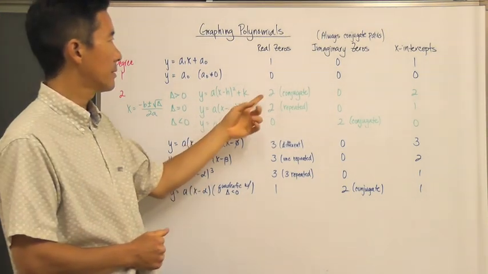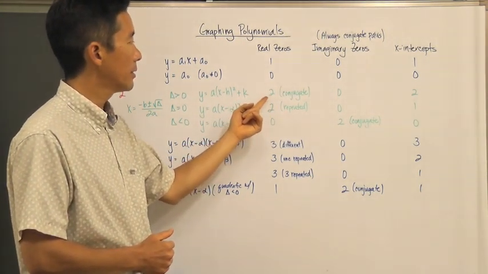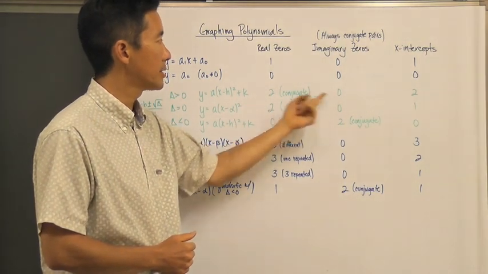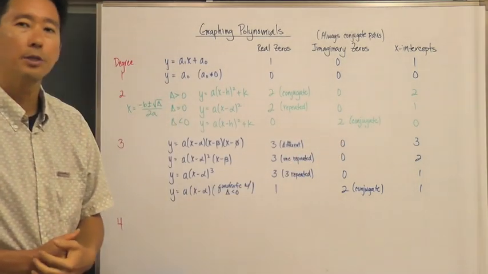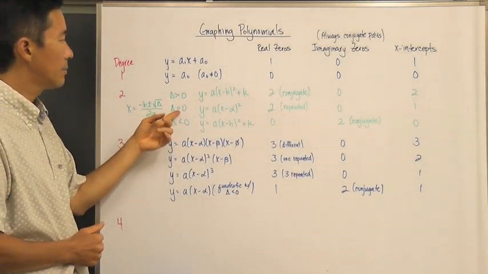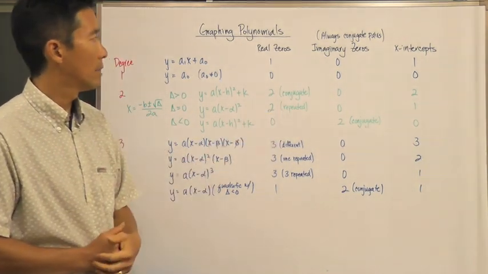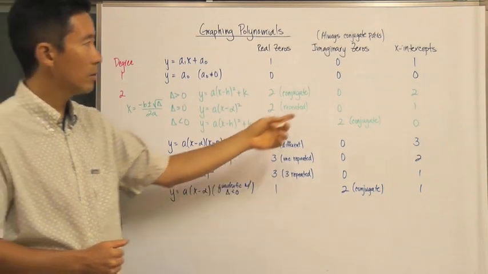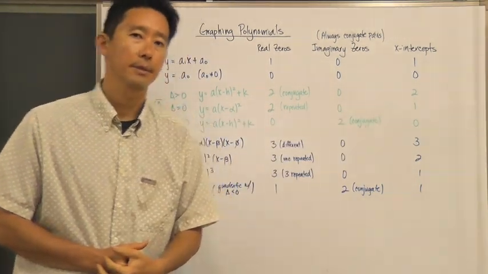And being that the maximum number of roots that we can have altogether is 2, then we know that the number of imaginary roots has to be 0. Now, the number of x-intercepts, of course, is going to be 2. When delta was equal to 0, that meant that we had 2 repeated real roots, no imaginary roots, and then, of course, 1 x-intercept.